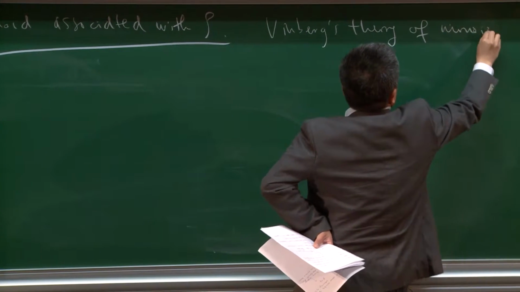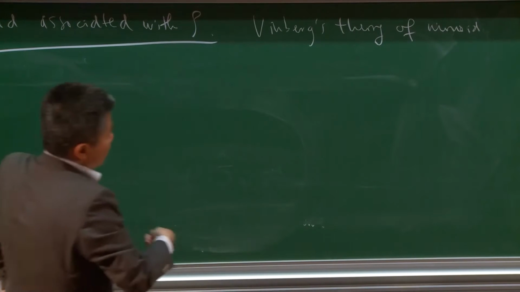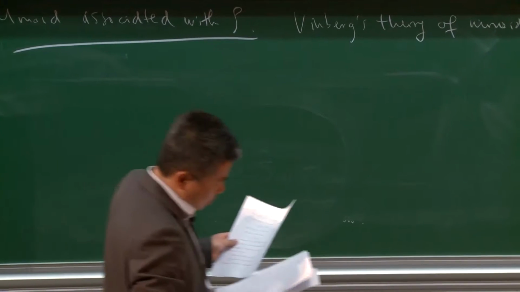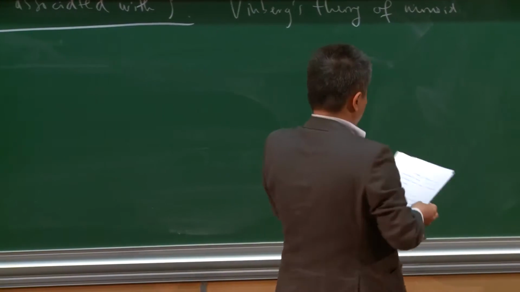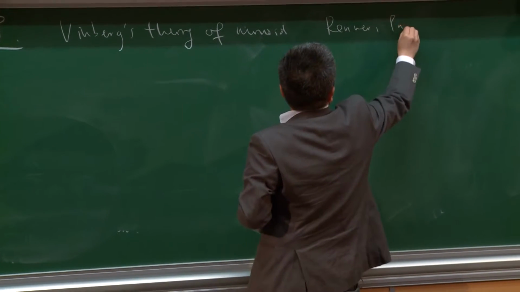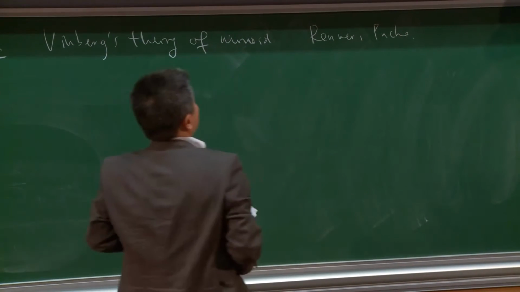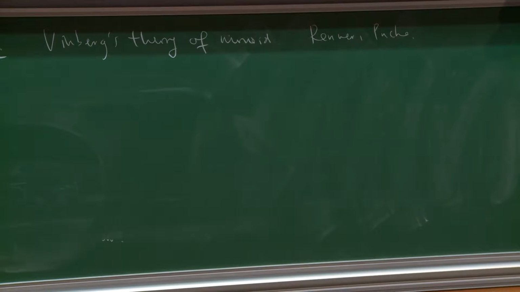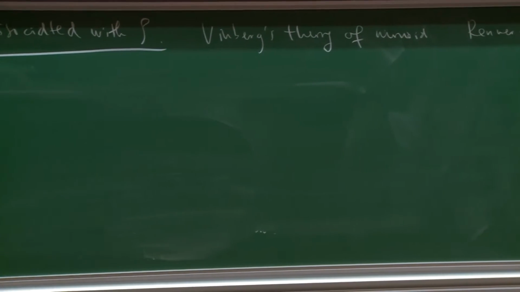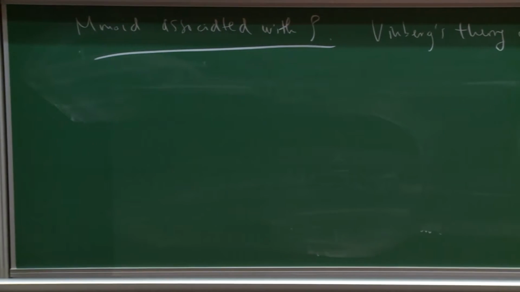Here I should mention that the theory of algebraic monoids was not started by Vinberg; it was started by people like Renner and Putcha. It can also be generalized quite vastly; this is the so-called theory of spherical varieties.